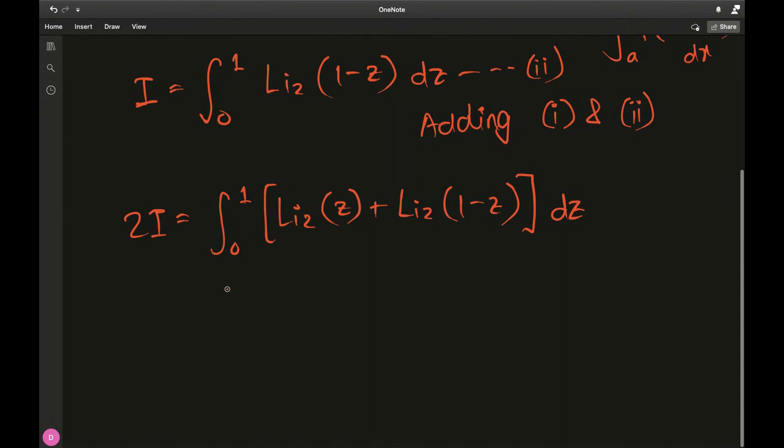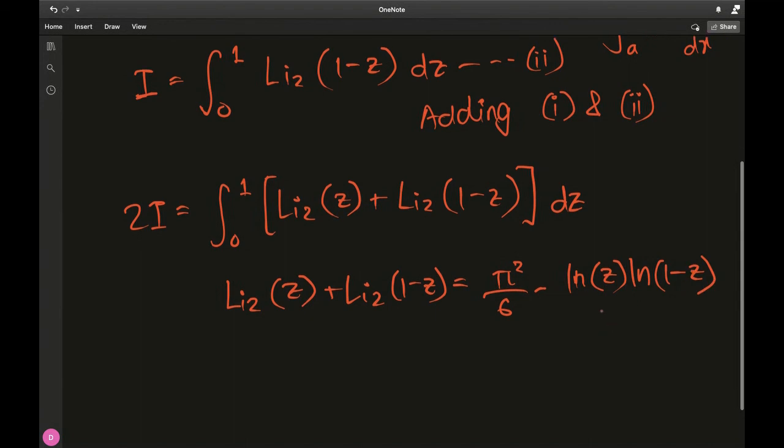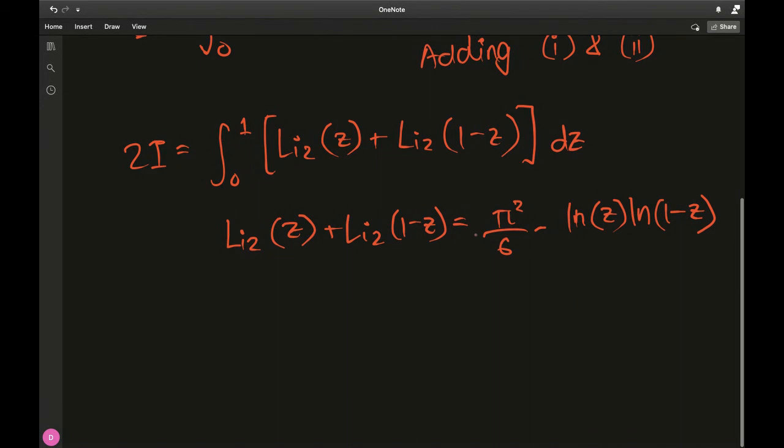So the reflection formula said the dilogarithm of z plus the dilogarithm of 1 minus z is actually equal to pi squared over 6 minus the natural log of z times the natural log of 1 minus z. That's the entire identity that we're going to use, the reflection formula. And in case you want a proof of this, see yesterday's video, please.